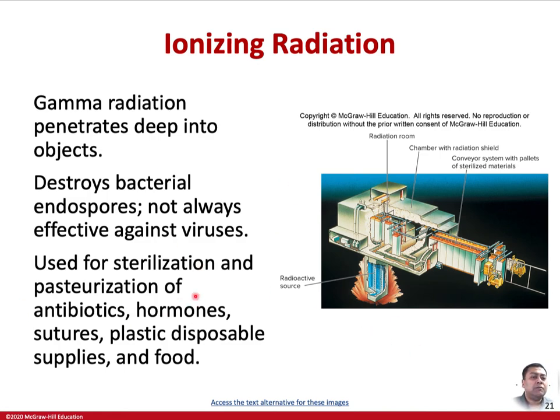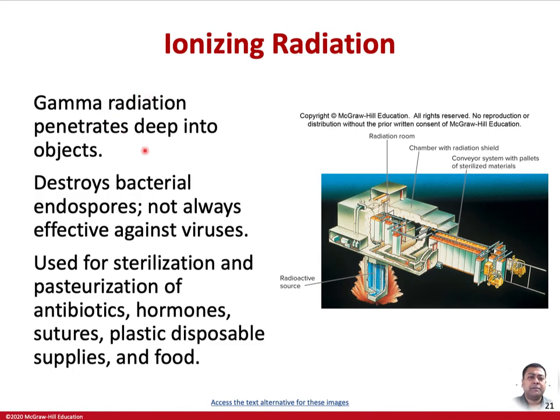So this is used for the pasteurization of antibiotics, hormones, sutures, plastic disposable supplies like plastic Petri plates, because they are made up of polystyrene and any autoclaving or dry heat will destroy them. And also food as well. They destroy bacterial endospores, but the drawback is that it is not always effective against viruses.